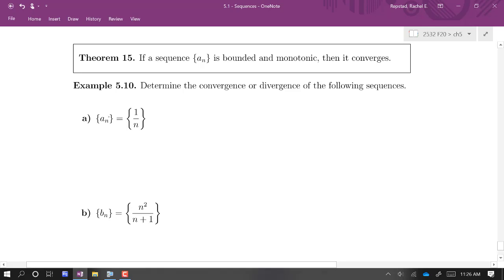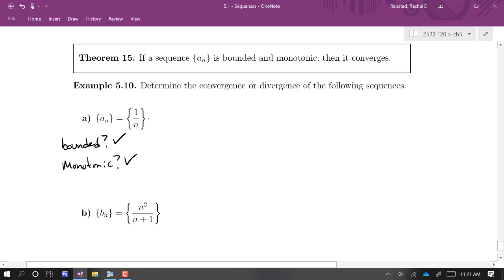So, looking at the first example, these terms are just determined by 1 over n. This is a pretty simple sequence, and you could probably just evaluate the limit anyway, but we'll note that it is bounded. That's true. And is it monotonic? Yeah, 1 over n is decreasing.